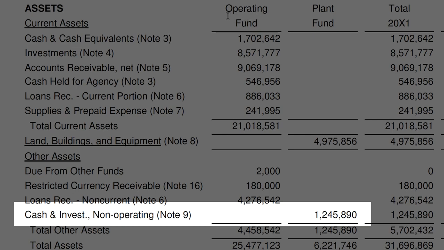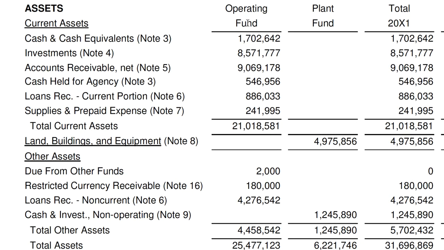So we segregate assets that have to do with building and equipment and put them in a pot separate from our other cash-like short-term assets. So money that we have raised for building and equipment that we are currently holding are not current because they're not available for our current operations.